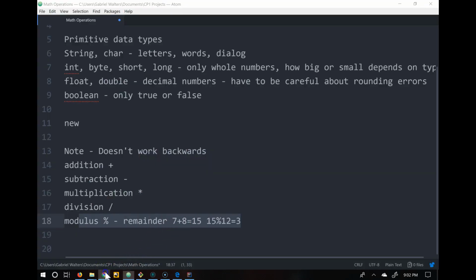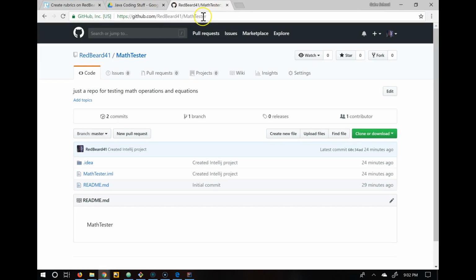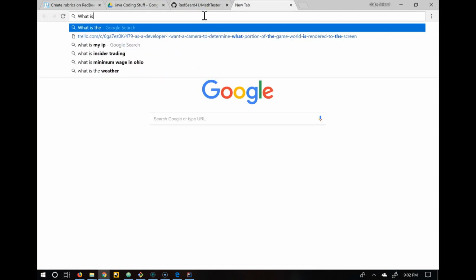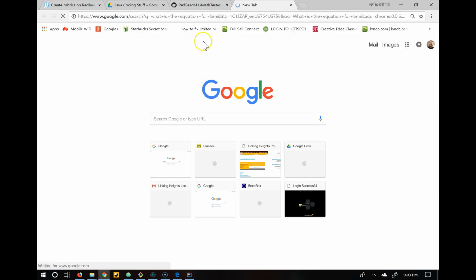So if I go online and pull up the equation for BMI, what is the equation for BMI, body mass index?